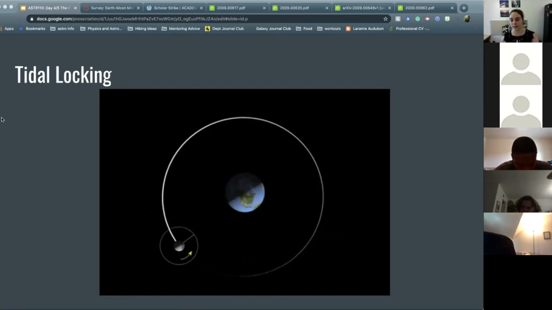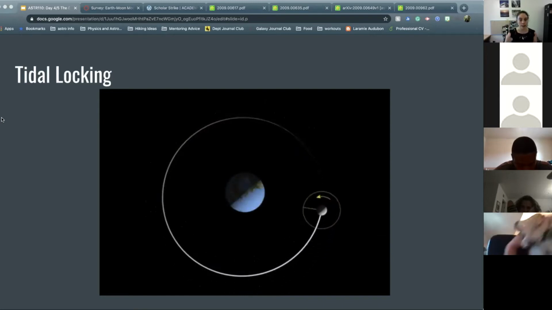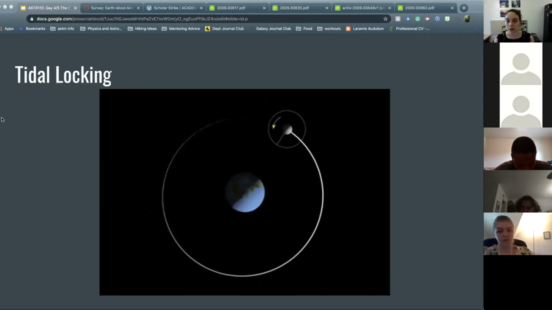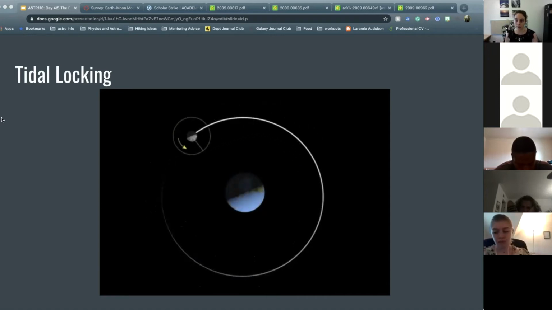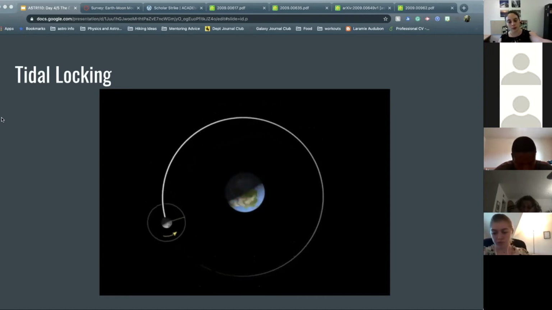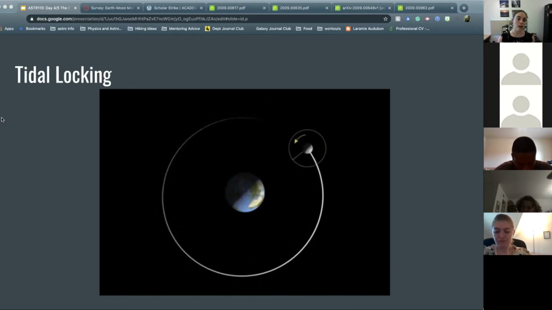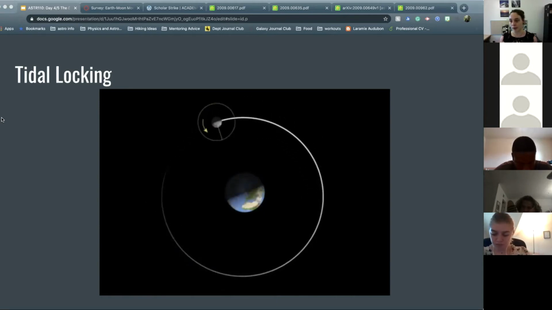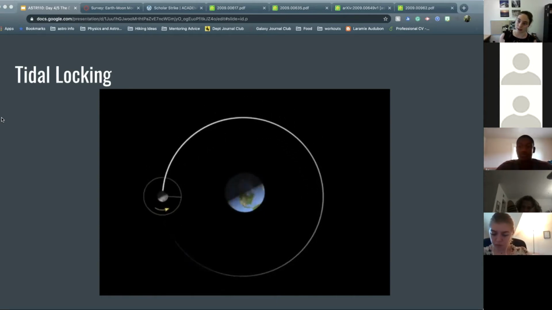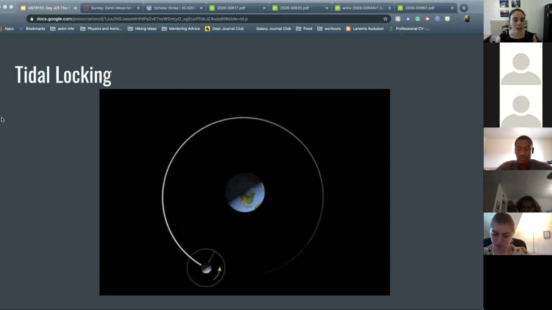And the moon is getting slightly further and further away from us at a rate of about 3.8 centimeters per year. So because of these differentiated tidal forces, the moon is slowly moving away from us, and the Earth is slowly slowing down. So 100 years from now, a day will be 1.5 milliseconds longer than a day is today. Which is kind of weird.